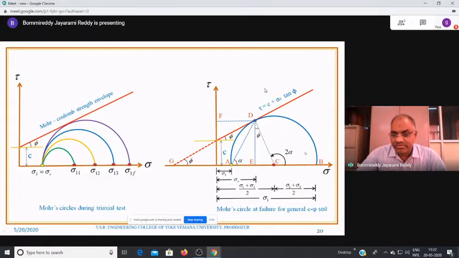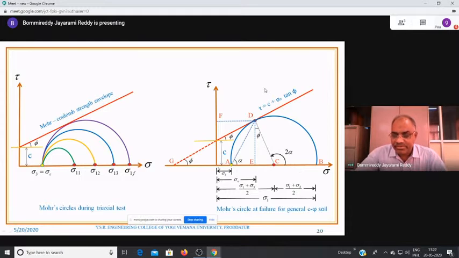Once you draw it, then at any point, say D, if you draw the tangent, it makes an angle of phi and also theta. And already you know the entire knowledge regarding the principal stresses. The radius of the Mohr circle is the difference of the principal stresses divided by 2.